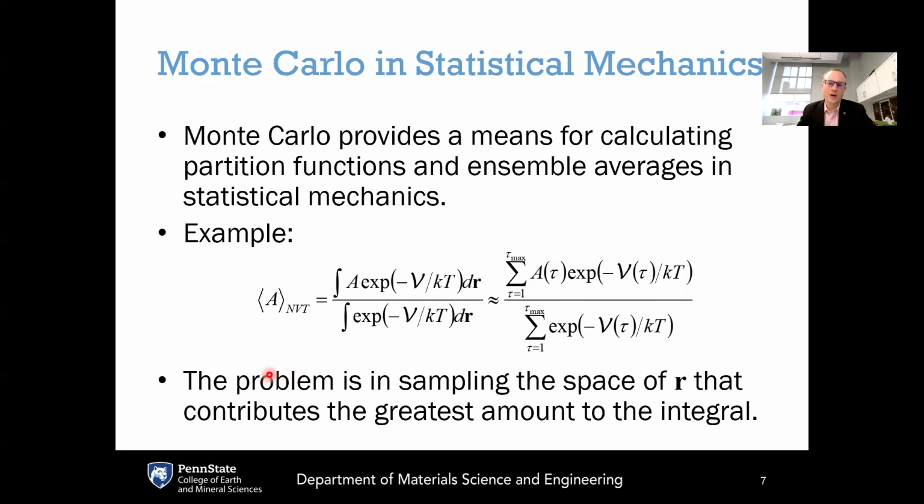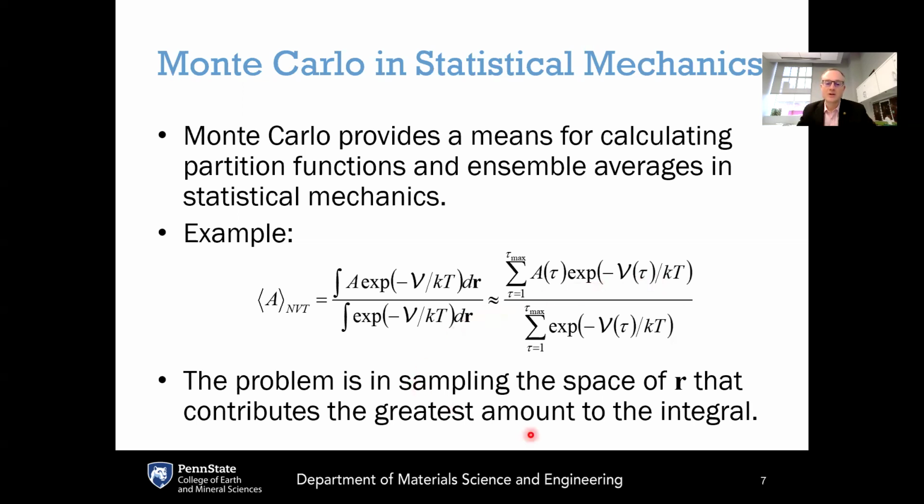One of the other problems, though, is in sampling the right part of the phase space. If we have the probability function here, e to the minus energy over kT, the parts of phase space that contribute a lot more to this integral are the parts that are lower in potential energy. So if you're spending all your time sampling parts of phase space that the system never sees or very rarely sees, you're missing out on the more probable parts of phase space that correspond to more favorable regions of energy.